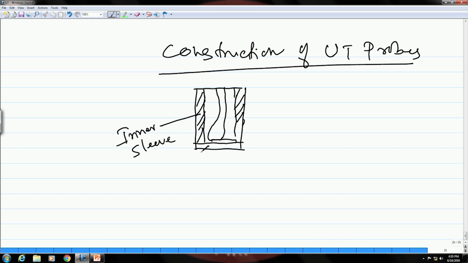And here at the front face you have some protection for wear and tear. So, you have what is called a wear shoe, and this is the active element. These are the electrical leads.